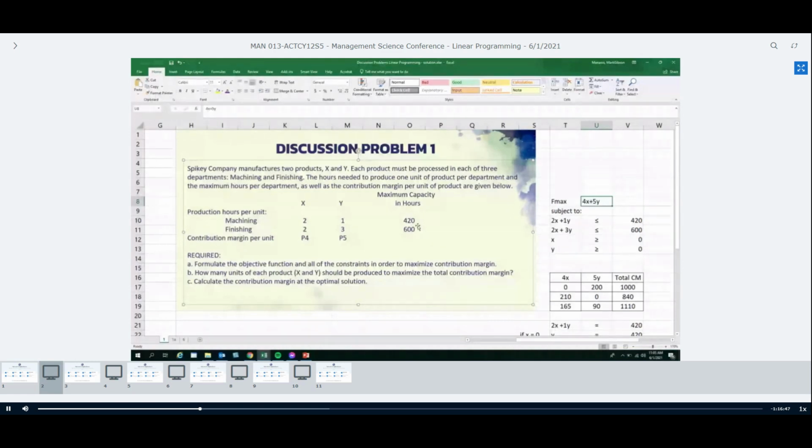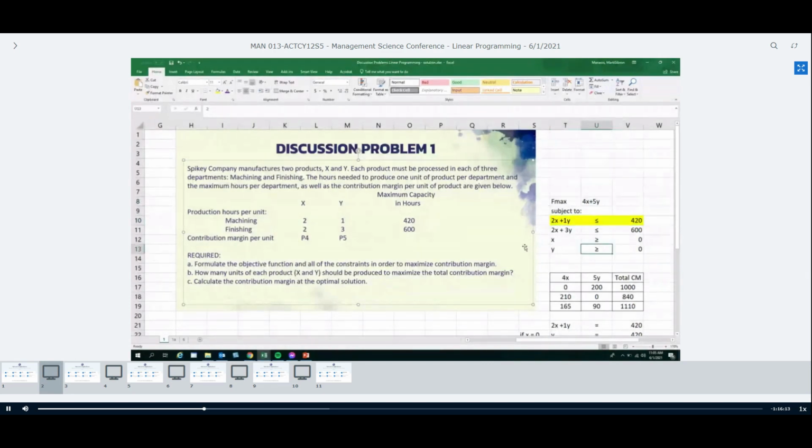Eh ilan daw bang oras ang kailangan ni X at ni Y doon sa machining department? Si X requires 2 hours per unit. So we'll express that as 2x. And then si Y requires 1 hour in the machining department. So that's 1y.